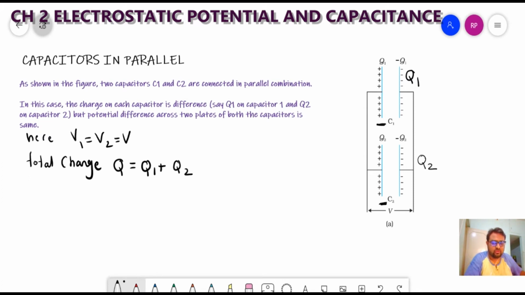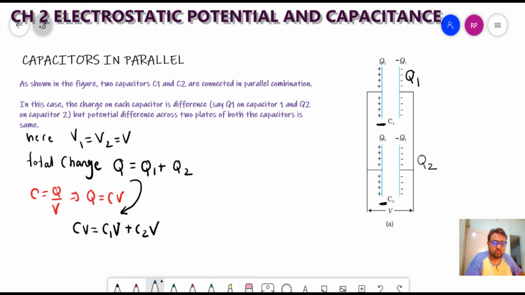Now we know the formula for capacitance, right? We know that capacitance C is equal to Q by V. So that implies Q is equal to CV. So using this formula and replacing the value of Q, I will get CV equal to C1V1, but V1 is equal to V, plus C2V2, V2 is also equal to V. Clear?